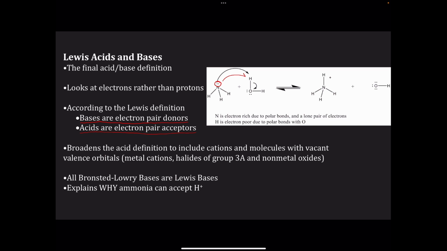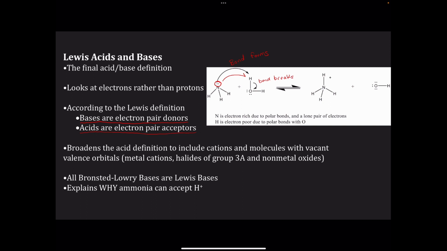As electrons flow into this hydrogen, that hydrogen only has room for 2 electrons. So it's going to break the bond here. Here we're looking at the bond forming between nitrogen and hydrogen. And here we're looking at the bond breaking between hydrogen and oxygen. As we form that bond with hydrogen, we're going to get our NH4+.